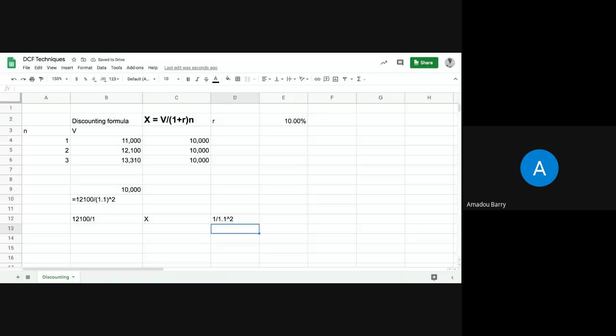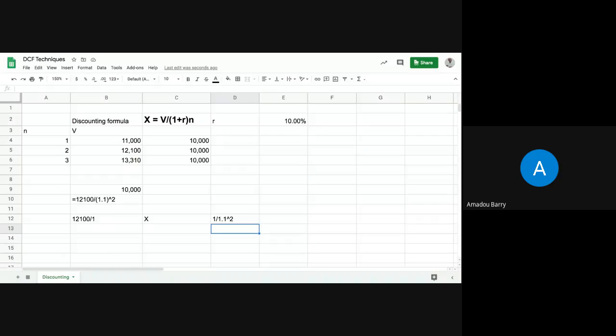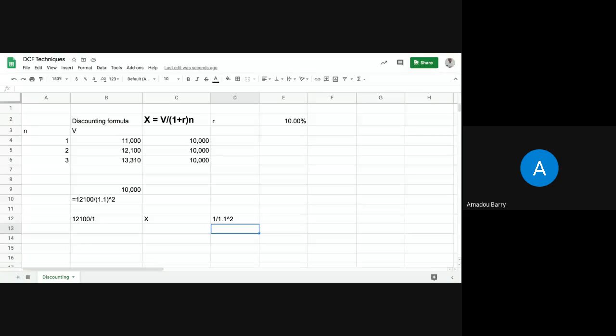It can also be 12,100 over 1 over 1 plus r in bracket to the power n.